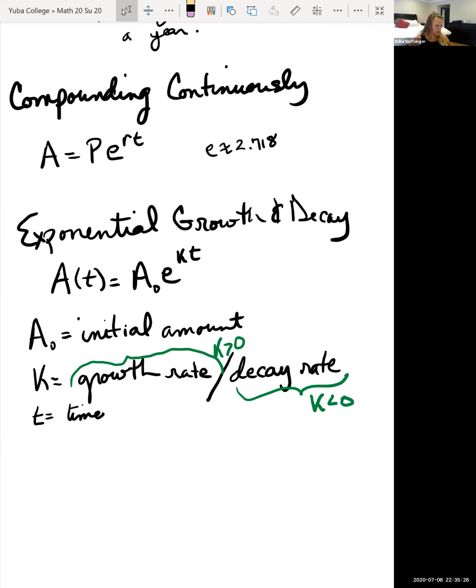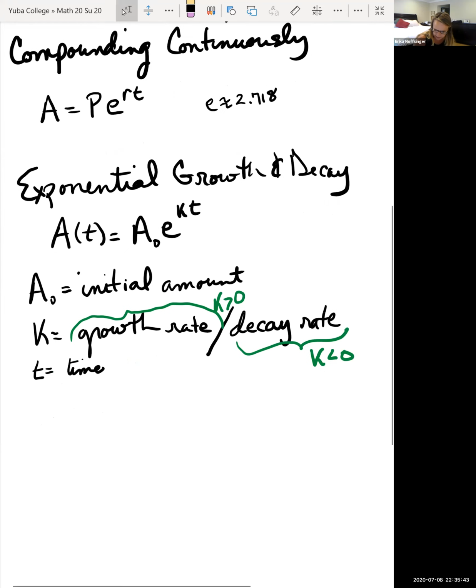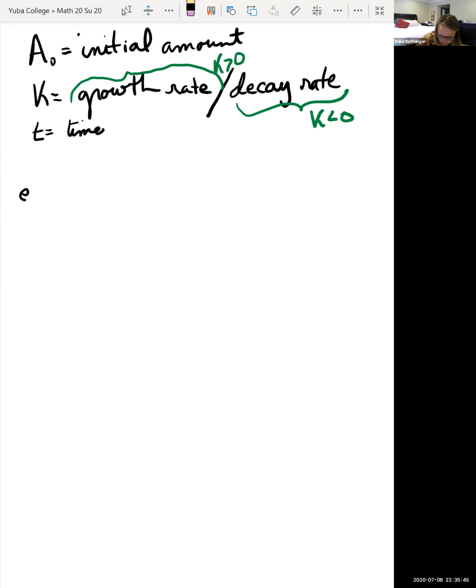Okay, so let's pull some examples. Let's look at some savings. I'm just going to read through the problem, then we're going to pick out important information and write it down, and then figure out equations that we know will help us.